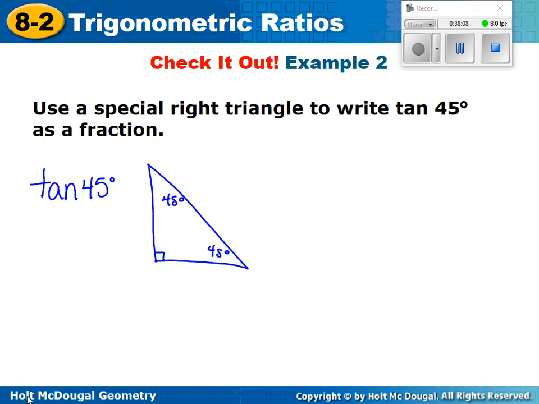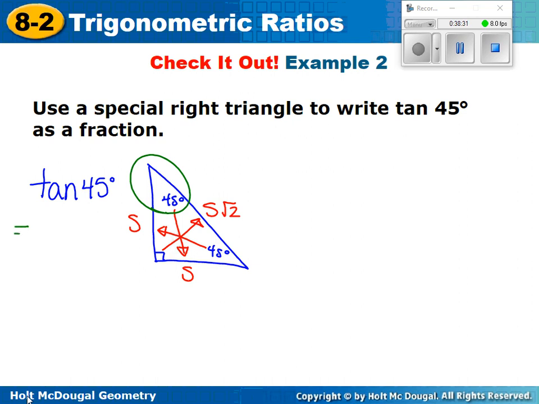Tangent of 45, draw your 45, 45, 90 triangle. What's across from the 45? And what's across from the 90? Again, you've got to start with the rule: draw your triangle. Now you're looking at one of the 45-degree angles, and it will not matter which one. Pick one. You want the tangent.